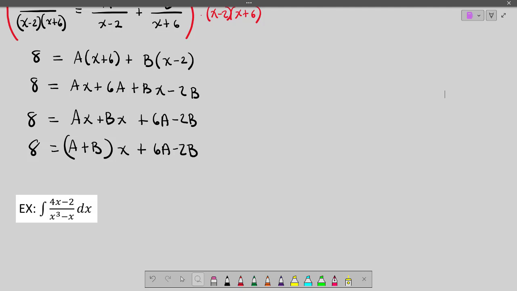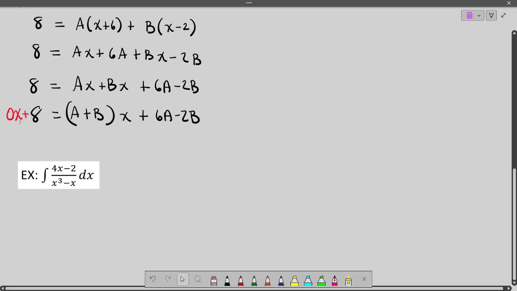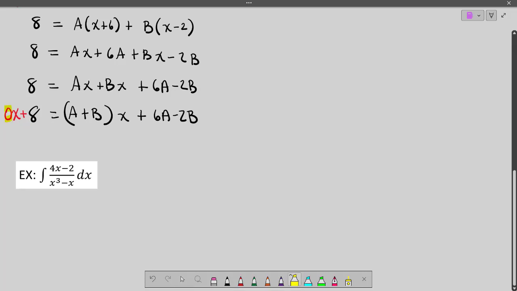Well, on the left, we have a polynomial. This is 0x plus 8. On the right, we have a polynomial. So what this tells us is the coefficient of x right here must be equal to the coefficient of x over there. The constant over here must be equal to the constant over there.